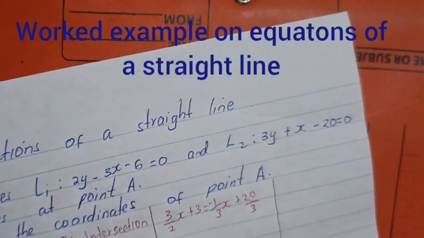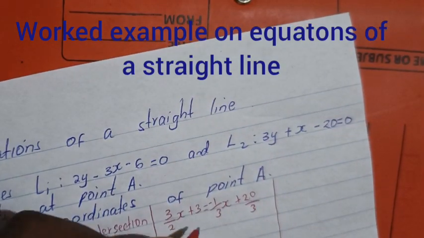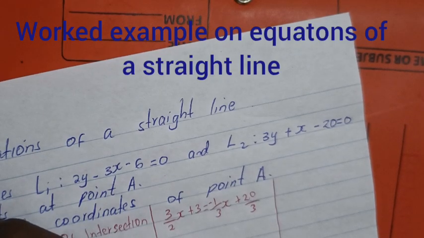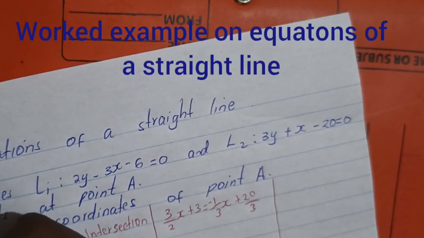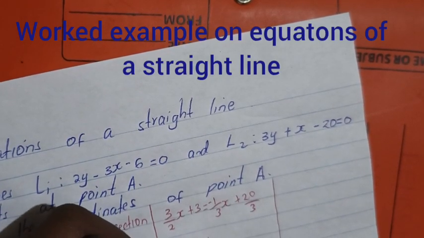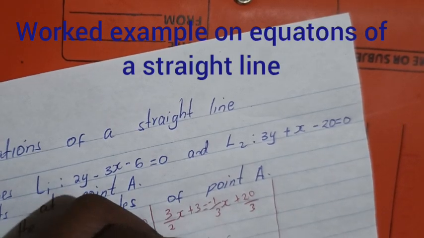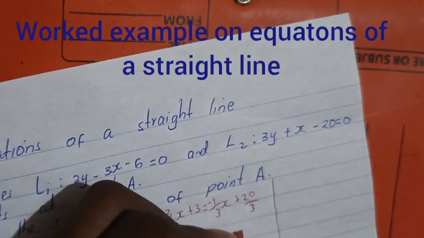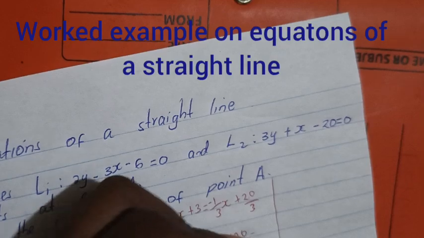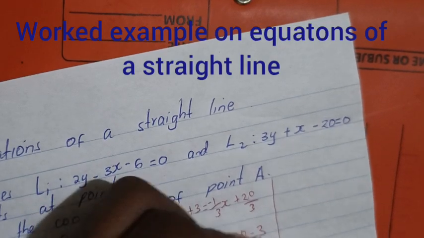Taking like terms together, we have 3 over 2x plus 1 over 3x is equal to 20 over 3 minus 3.